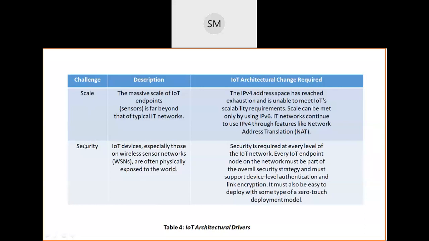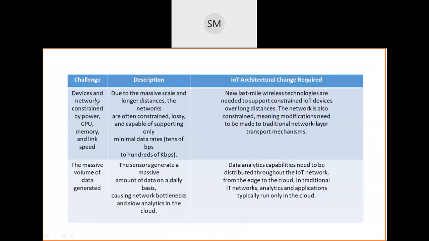So these are the two main challenges: scale and security. The next challenge is devices and networks constrained by power, CPU, memory, and link speed. Due to this massive scale and longer distances, the networks are often constrained. In IoT, so many devices are there, all of which should get a power supply and be connected to the network.